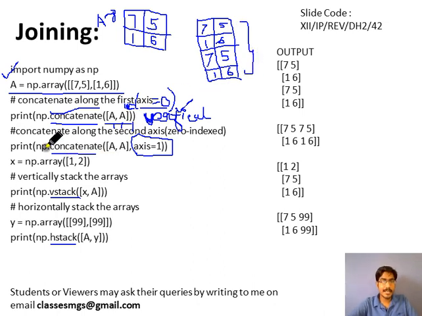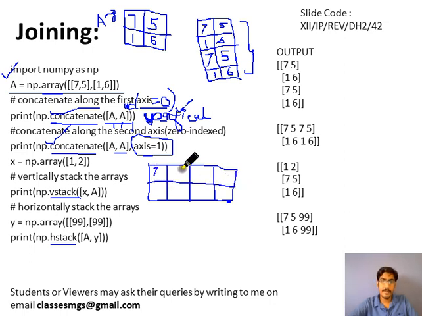Now in the next example, np dot concatenate A comma A, axis equals to 1, then it will perform the horizontal join. So the result will look like this: 7, 5 1 6 7 5 1 and 6.